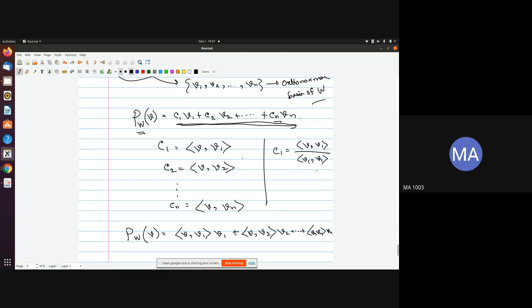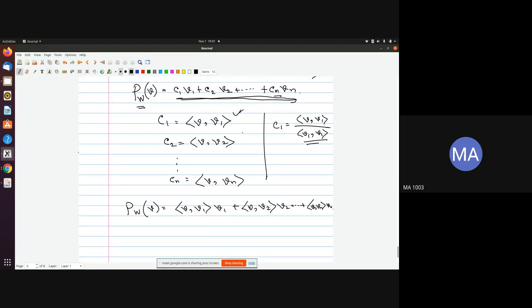This will only be the change. Now if we have orthonormal, then this one is 1, so I will get the plain inner product. That is the only difference between orthonormal and orthogonal. But we definitely need orthogonal, other than that we cannot. I hope this is clear. So this is what projection basically does.